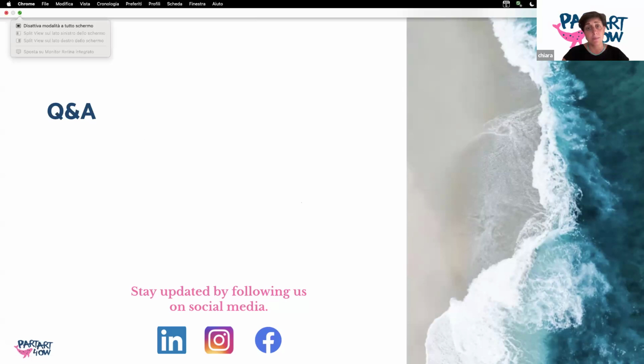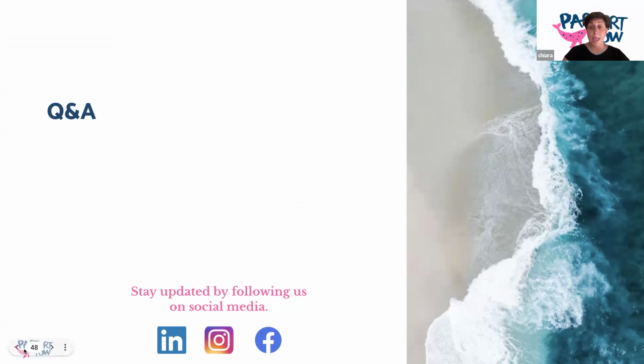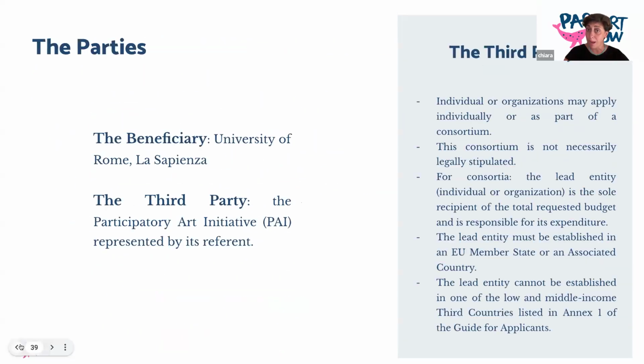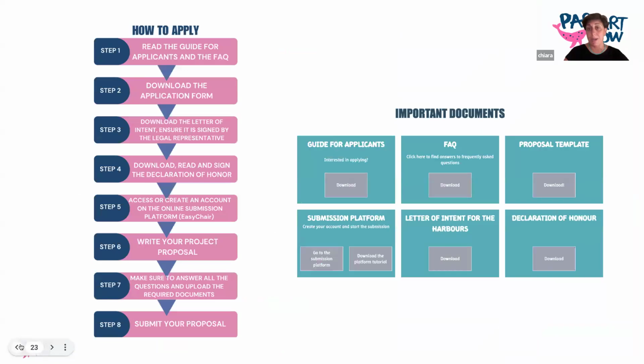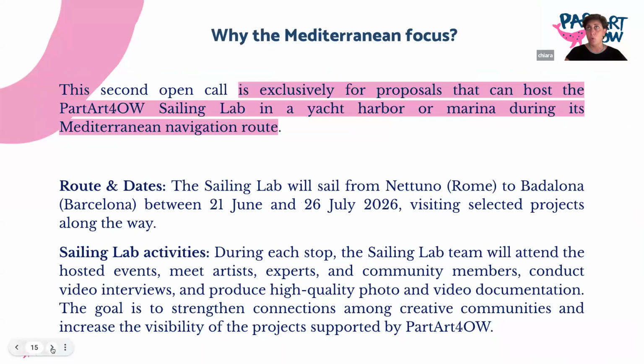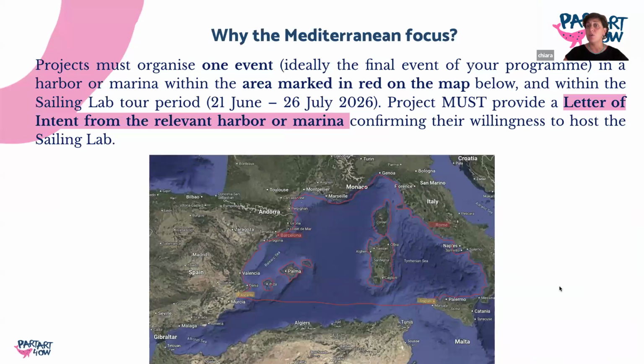This is motivated by the possibility for the sailing club to select, amongst the winning proposals, the winning pies, the ones that are going to be visited by the sailing club itself. So not all the winning pies are going to be visited by the sailing club, but the selection will be made by the consortium and by the technical staff that is going to manage the sailing club, on the basis of the visibility and the possibility to easily access the harbor on the route that the sailing club is going to select.